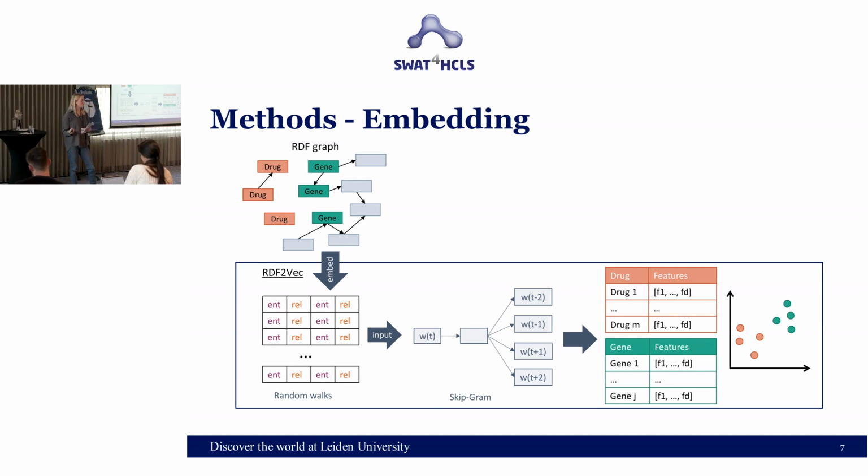This is a neural network model with one hidden layer, and it outputs one vector for every entity in the graph. Because we are only interested in the drugs and genes, we only selected the drug and gene vectors. And the idea is that structurally and semantically similar drugs and genes are closer to each other in the embedding space.